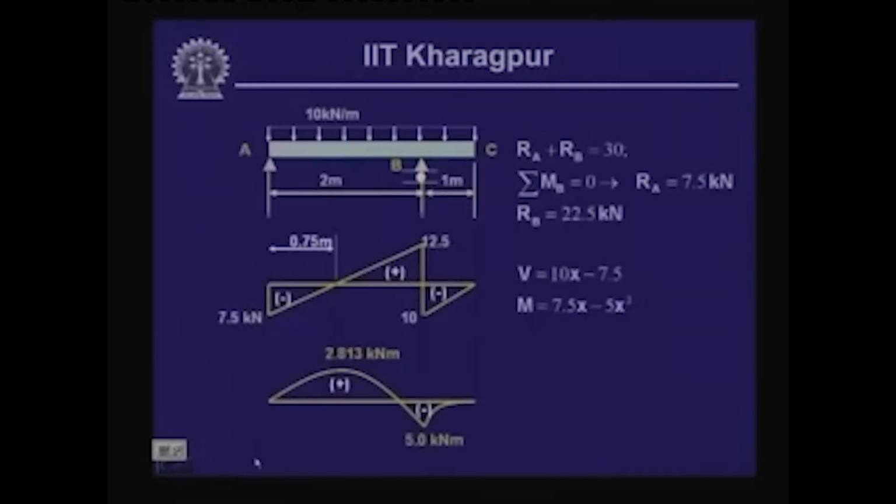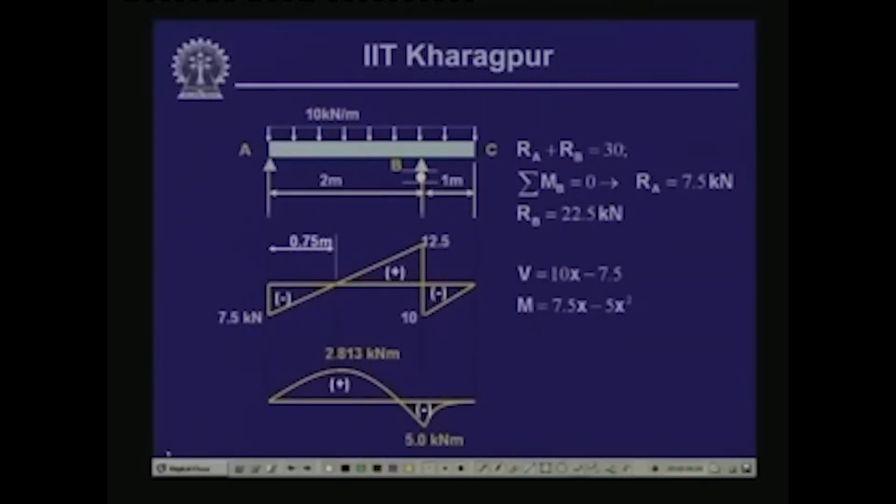Now, let us draw the shear force and the bending moment diagram. Here we have plotted this, you can have a look at it. Ra plus Rb equals 30 kilonewton, and as we have seen, Ra is equal to 7.5 kilonewton and Rb is equal to 22.5 kilonewton. Now, let us take a section here at a distance of x, so that we can draw the free body of that particular part.